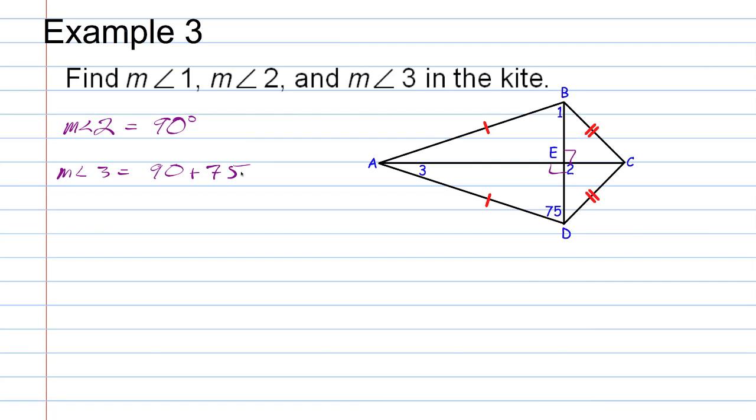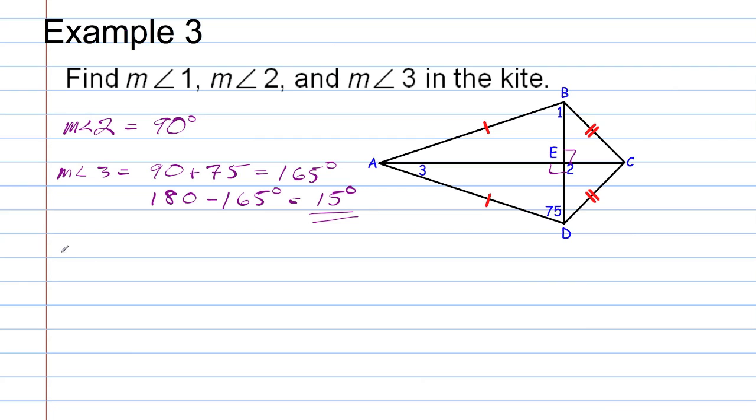And that gives us 165. And then we take 165 and subtract it away from 180. When we do that, we get 15 degrees. So the measure of angle 3 is 15 degrees.